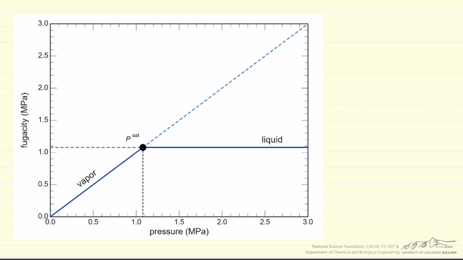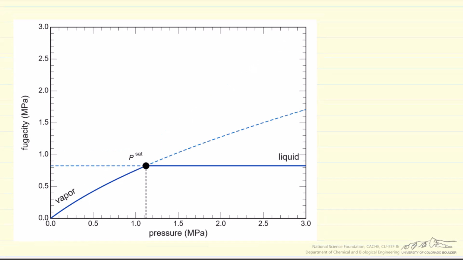And finally, let's look at if we have a real gas instead of an ideal gas. So now you notice that fugacity is not a straight line in the vapor phase, but instead it's curved because we have a non-ideal gas. Fugacity now is different from the pressure.